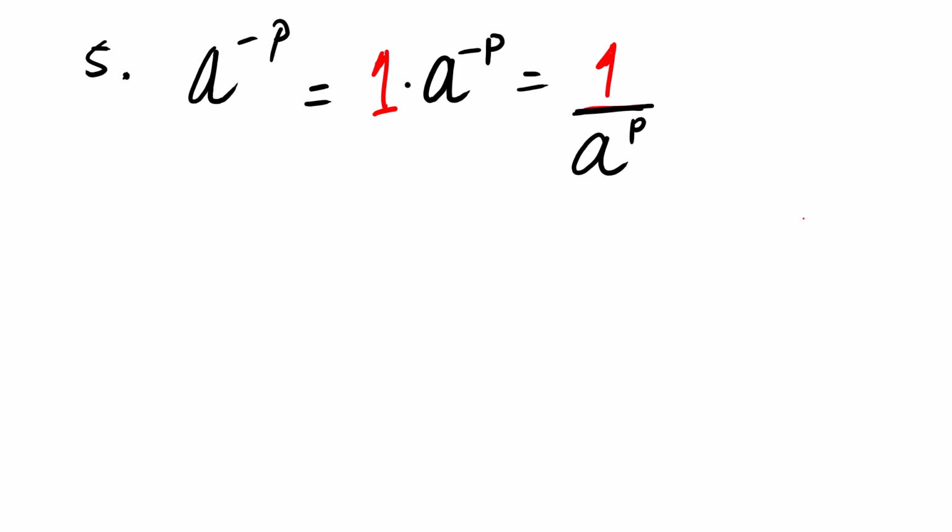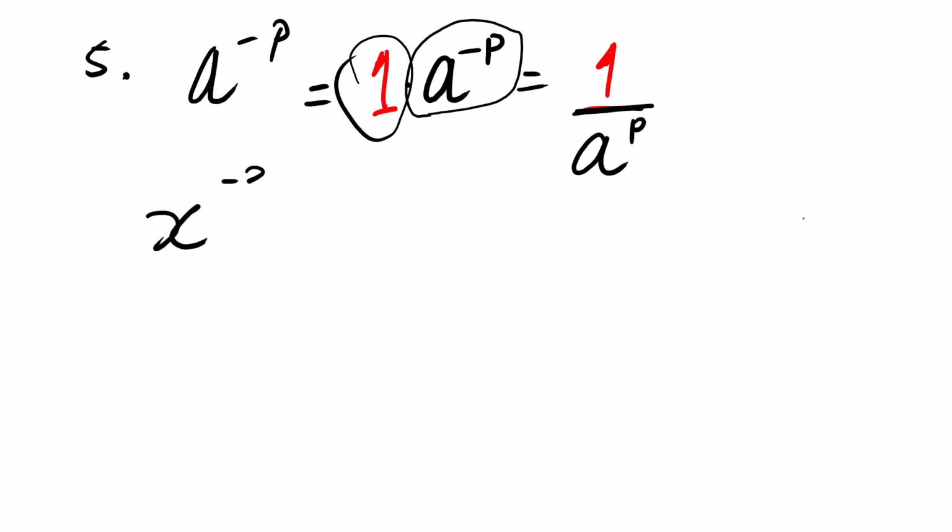This is equal to 1, this coefficient, divided by this, but the difference will be the exponent. The sign of the exponent will be opposite. So if it's positive, it will be negative. If it's negative, it will be positive.